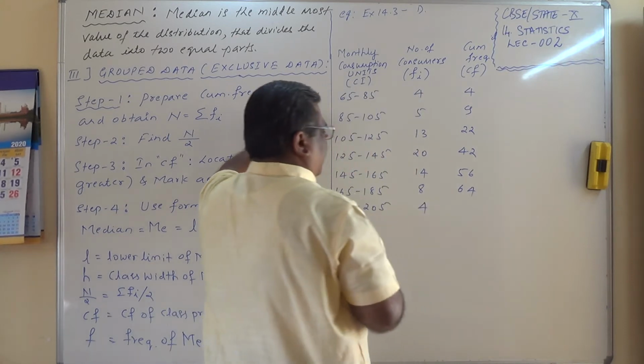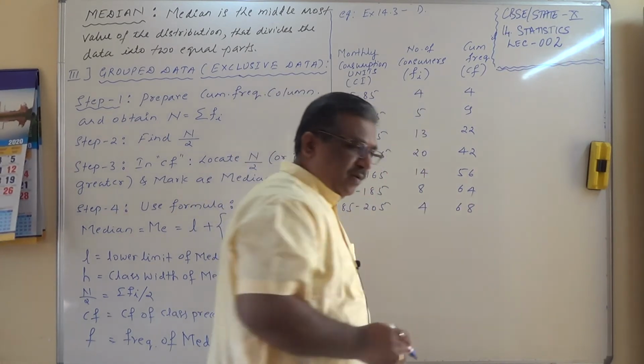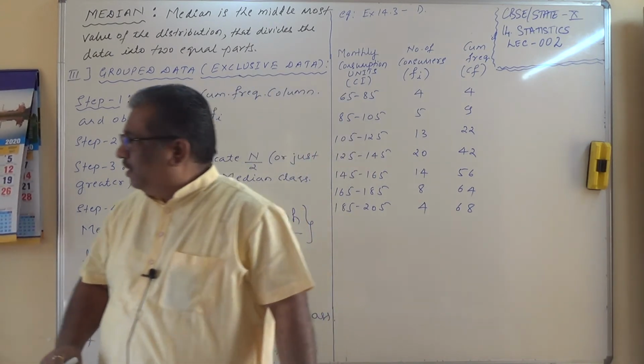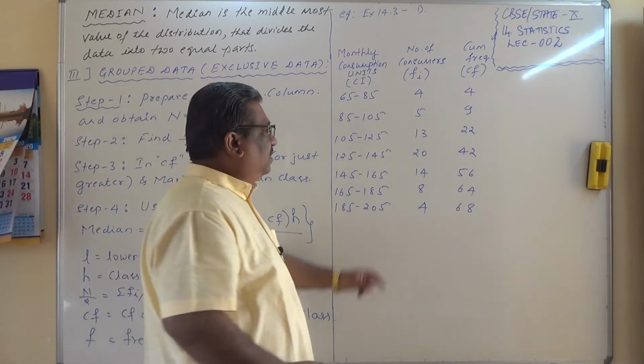So 56 plus 8 is 64, plus 4 is 68. Let me check whether it is correct. Yes, it is 68, as given.